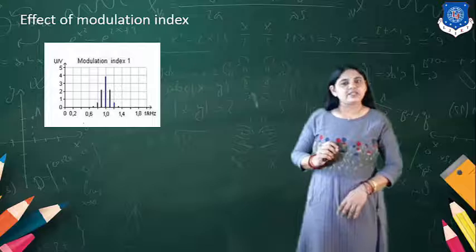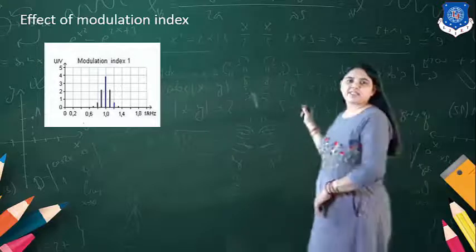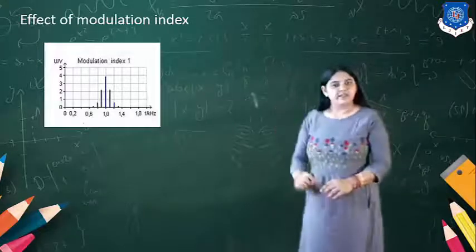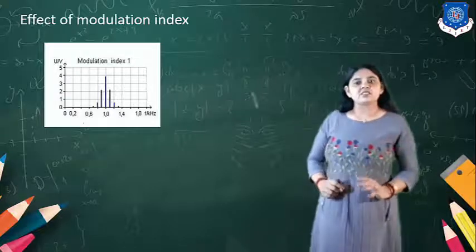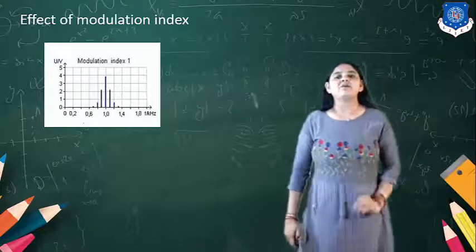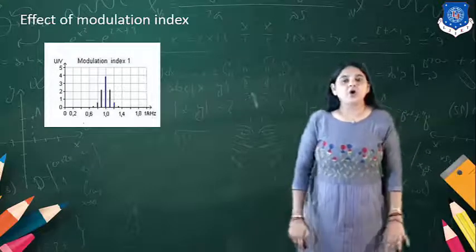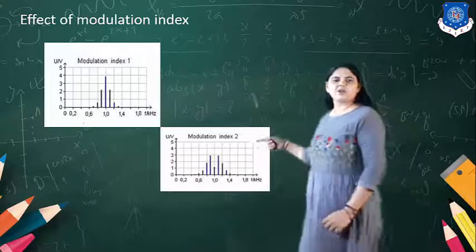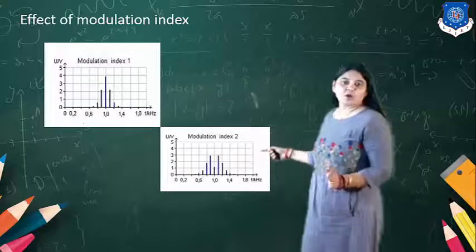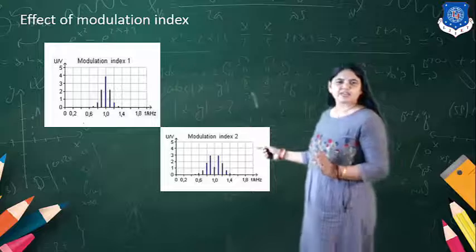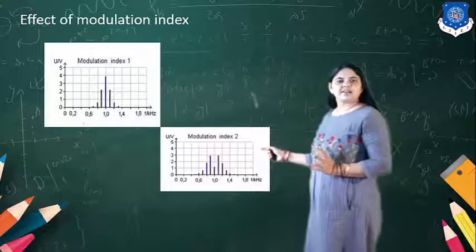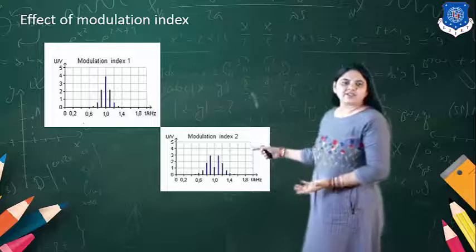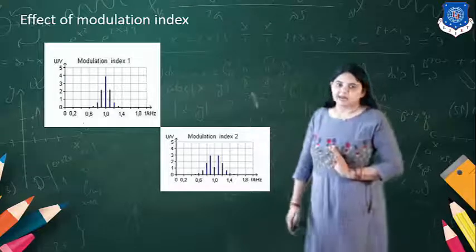Now in this diagram, if the modulation index is 1, you can see two sidebands and one carrier signal, according to the Bessel's table. Similarly, if the modulation index is 2, you can see 3 USB, 3 LSB and 1 carrier.